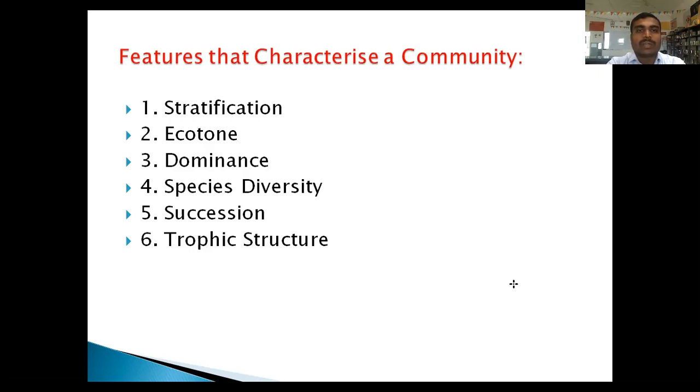Here the forest communities have subterranean, forest floor, herbaceous, shrub and tree strata. These are the five strata levels in the stratification of a forest community.